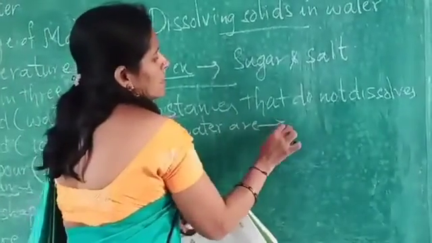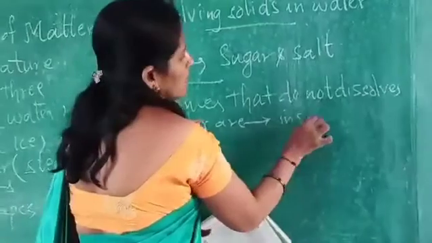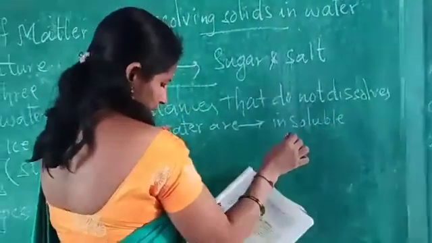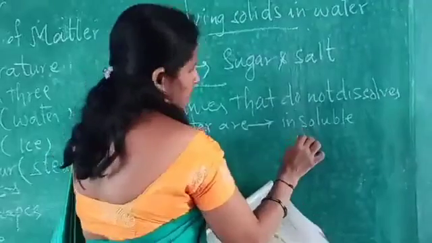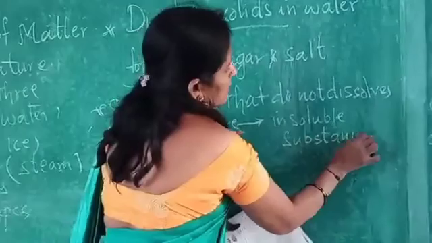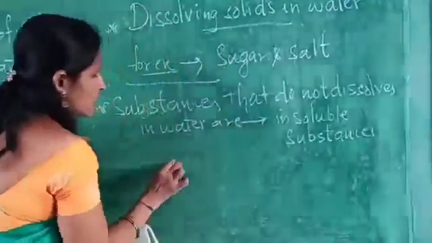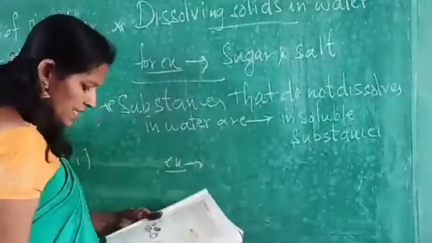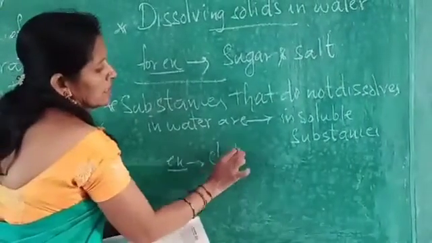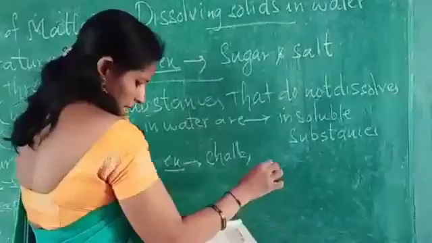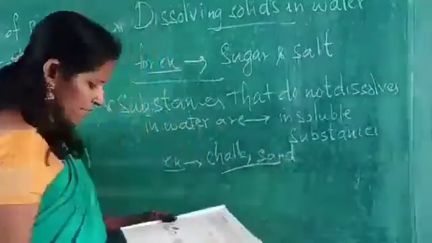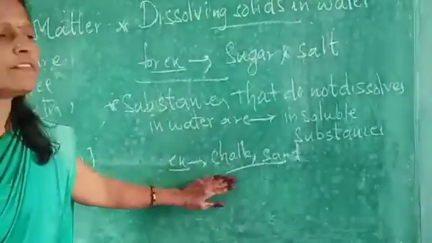They are insoluble substances. For example, what is the example for this? Chalk, sand. These are the examples. They cannot dissolve in water.